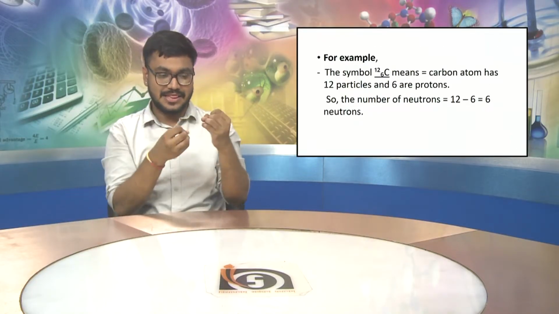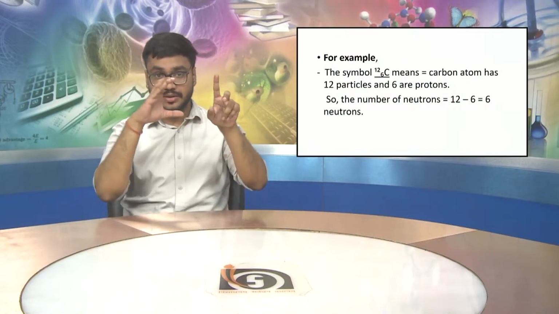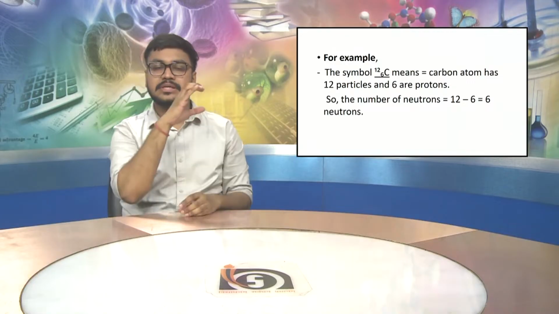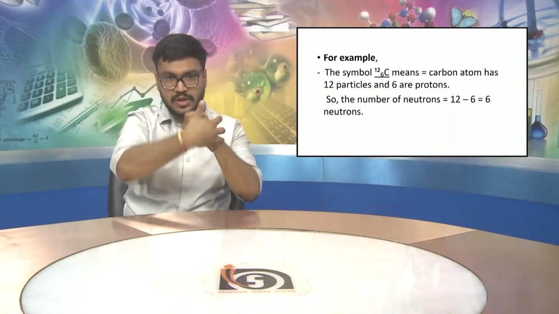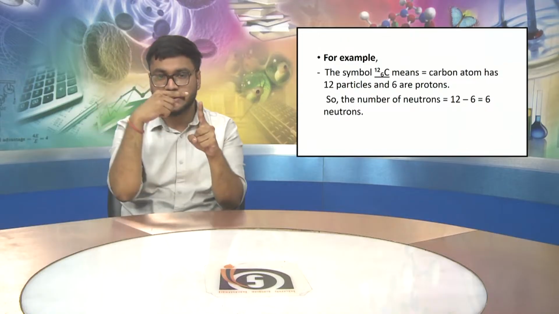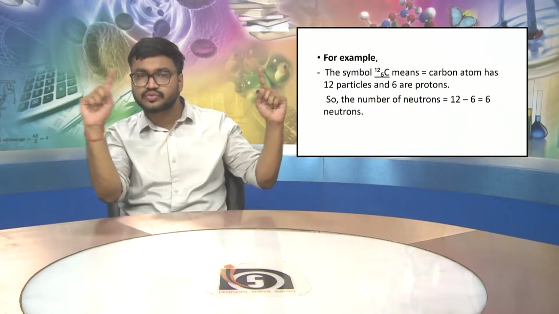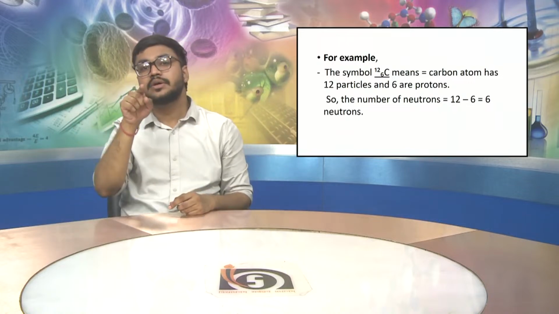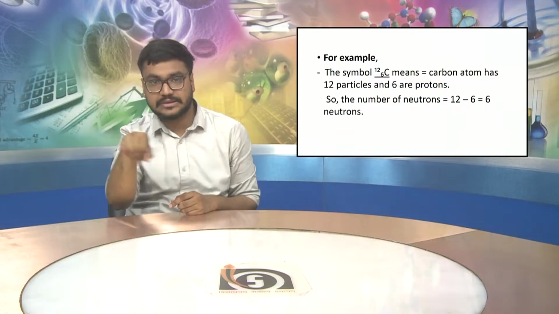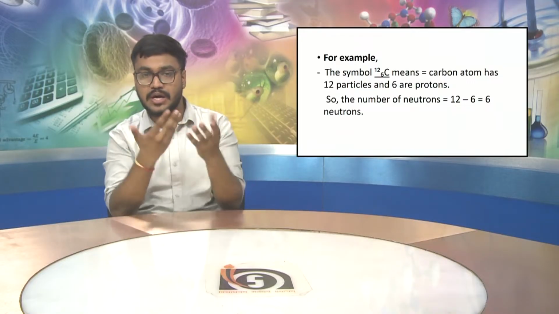For example, there is a symbol showing carbon. So it is a carbon atom and it has 12 particles and 6 protons. So the number of neutrons will be 6 neutrons.